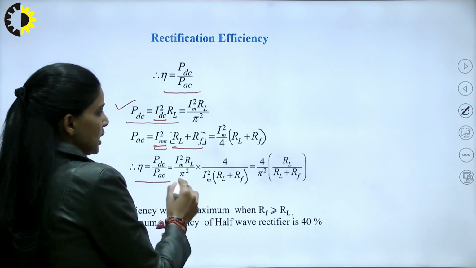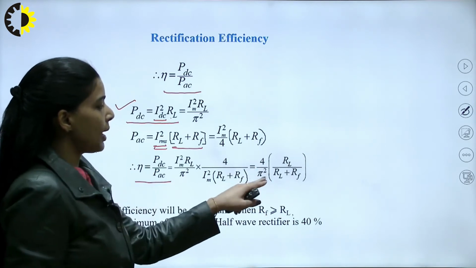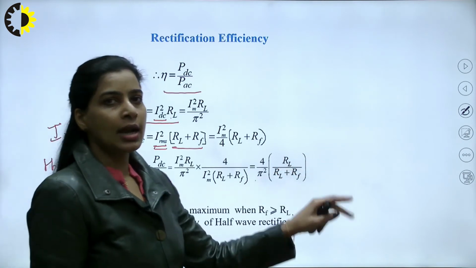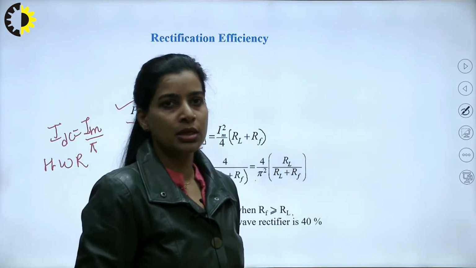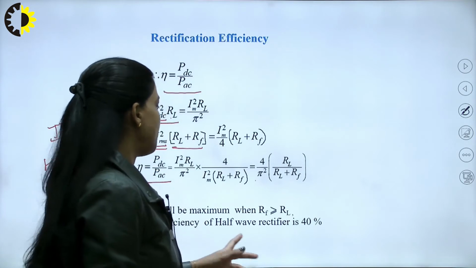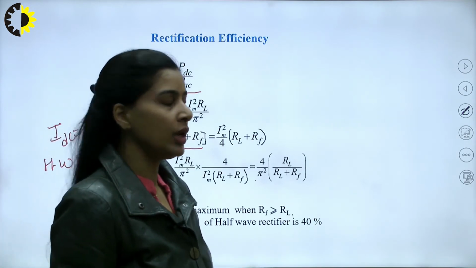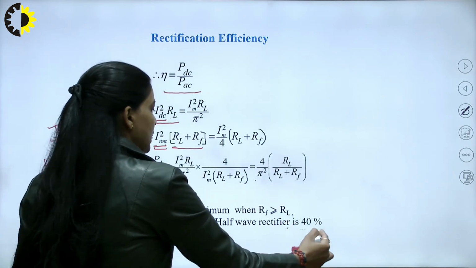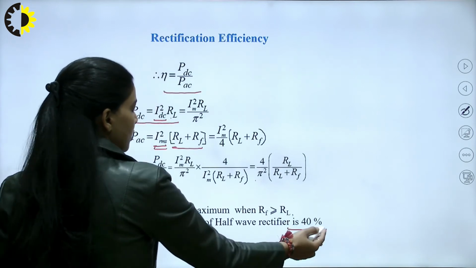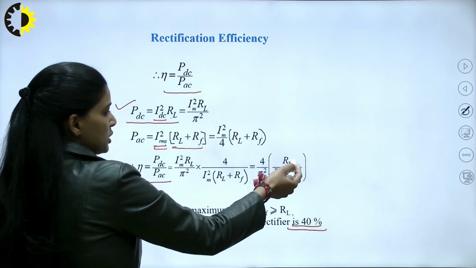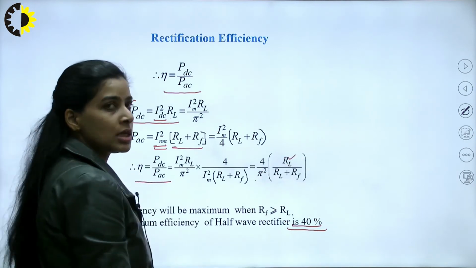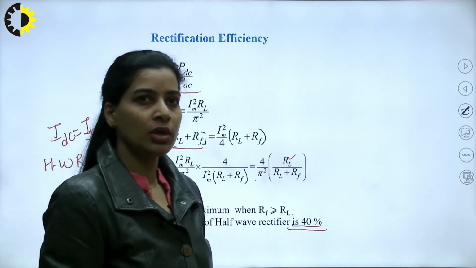So, taking this ratio we get 4 by pi square into RL upon RF plus RL. So, the maximum efficiency for a half wave rectifier we get around 40%, that we can calculate by putting the value of resistance for the specific circuit.